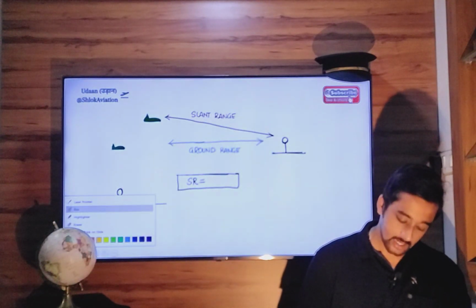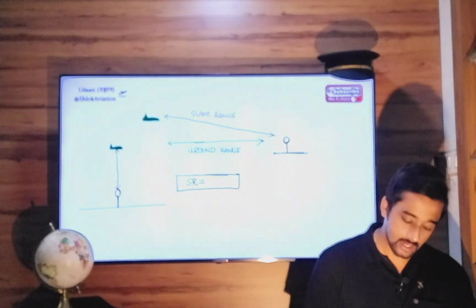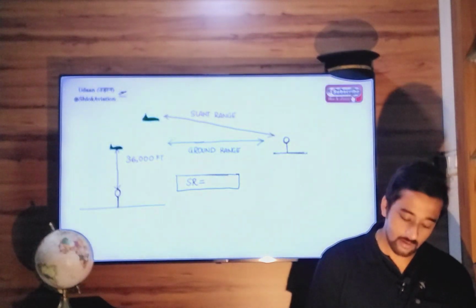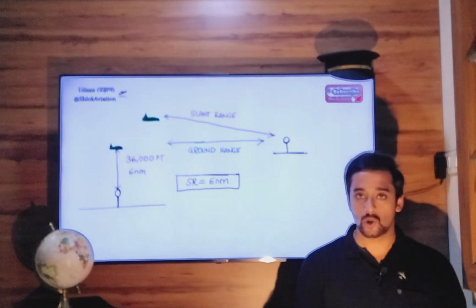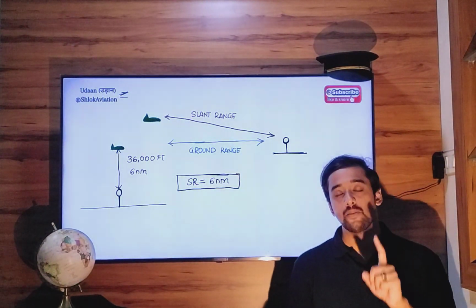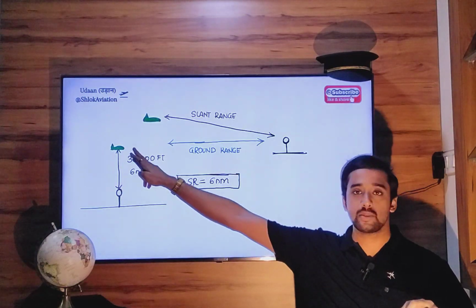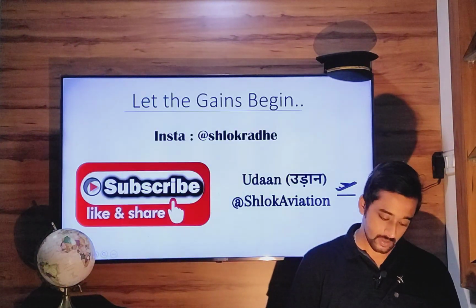But that slant range in this particular scenario will be nothing but, let's say the aircraft is 36,000 feet above, so it will be equivalent to 6 nautical miles. So that slant range will be 6 nautical miles. But you will interpret this information as vertical distance of aircraft above the DME station, not the slant range. This is one unique case, remember.